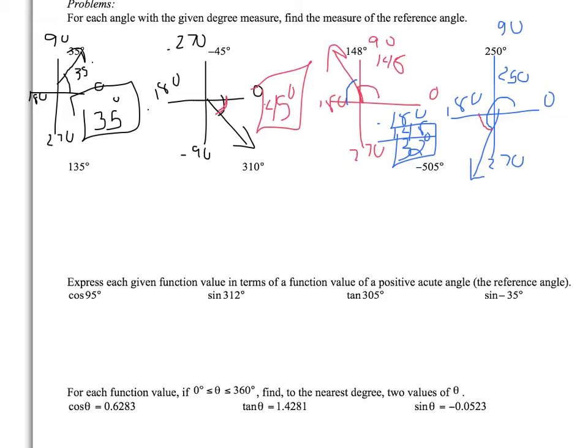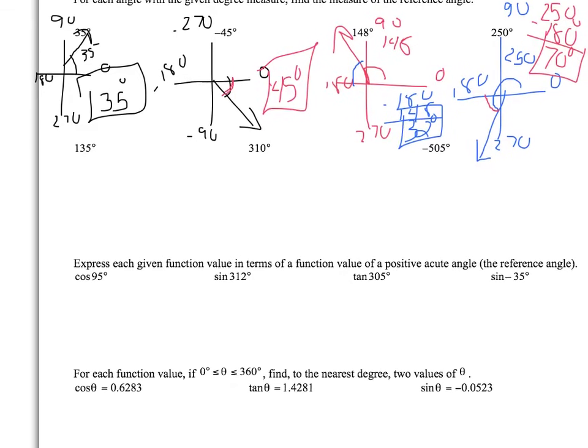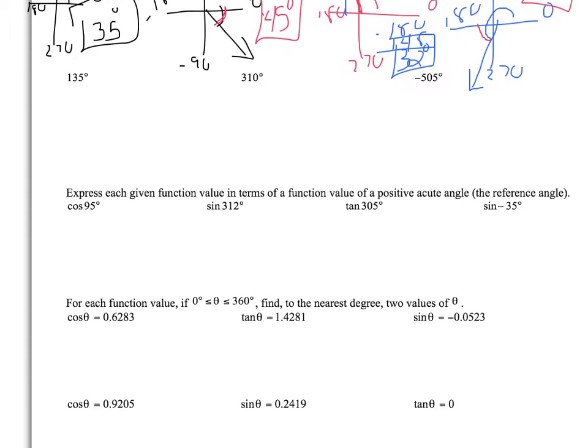It's got to be acute, so it's going to be that red angle. The way I get that red angle is going to be 250 minus 180 degrees. And then you end up getting 70 degrees as your reference angle there. I'm going to have you guys try the other 3, see how you do with them.